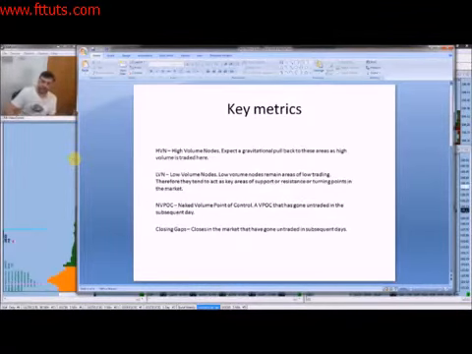HVNs stands for high volume nodes. You should expect from a high volume node a gravitational pull back to these areas as high volume is traded here. It is not often used as support and resistance, primarily because the concept of a high volume node is that it should trade volume there.